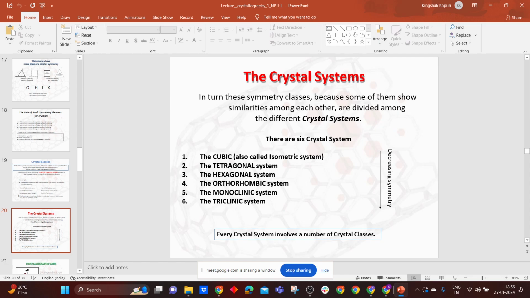I have written 6 here because I have just written the original division, that is the hexagonal system. It has one subdivision which is known as the trigonal crystal system. So there are 6 or 7 crystal systems. We will be dealing with 7 crystal systems.